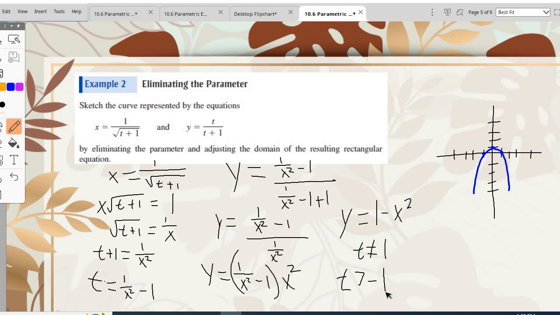Okay, so that means that we need t to be greater than -1. Can it equal -1? No. Where is it? In the bottom, so it cannot equal it. Yes? So, we just said that if I plug in -1, we get undefined stuff here, right? What do we get if we plug in 0 to our t?